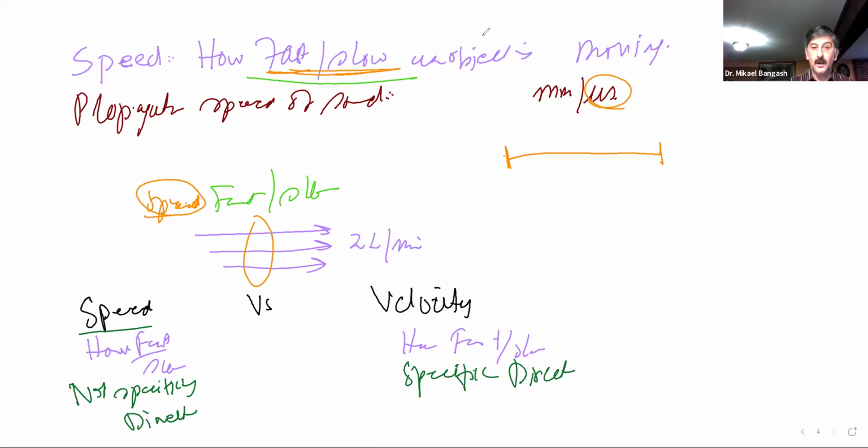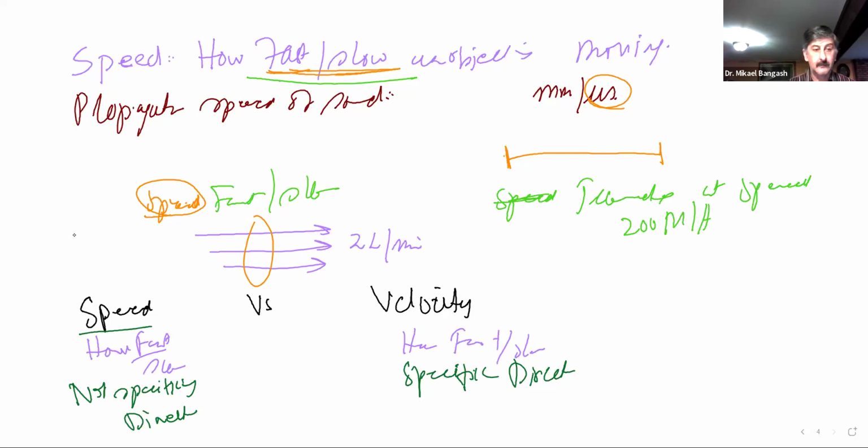whereas velocity is going to be in a specific direction. So saying that I'm moving at a speed of, or this is traveling, we can say speed here is going to be 200 miles per hour. That's the speed.